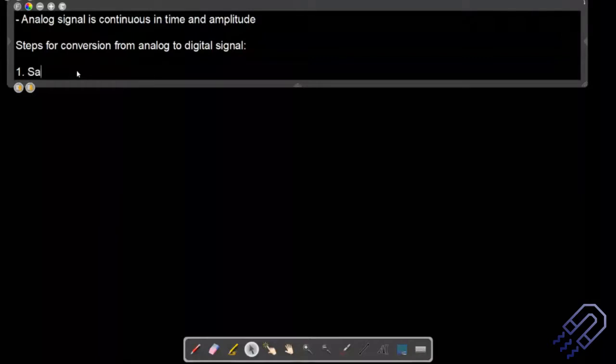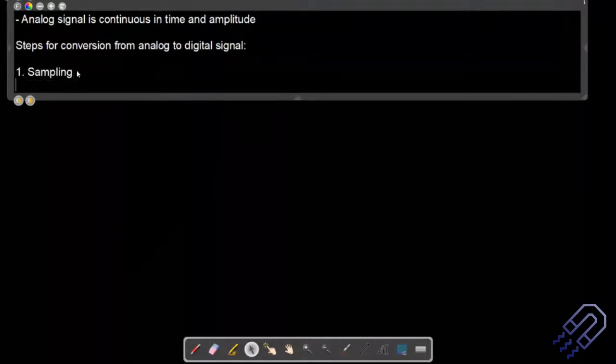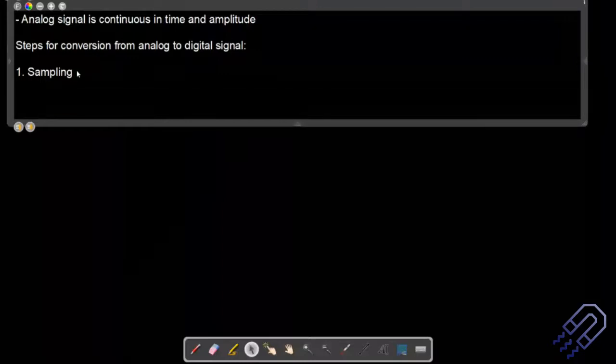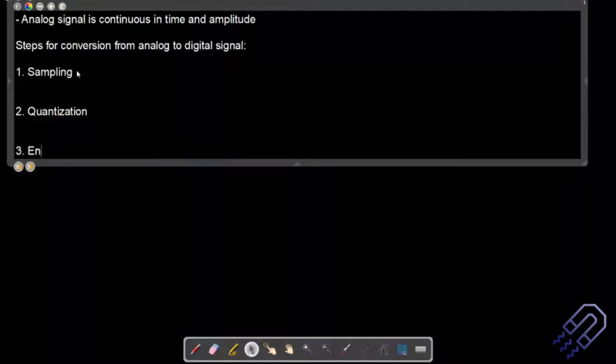First is the sampling. You basically divide the analog signal into different sections, and we call that the sampling part. Second is something which we call quantization. You divide it and then quantize it into certain regions, and then encoding. Then we encode it.